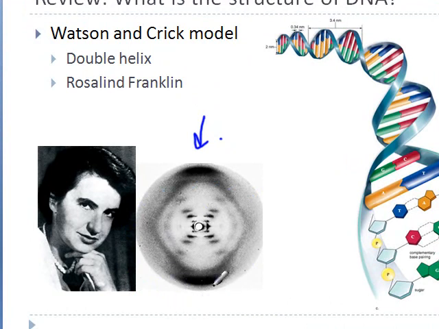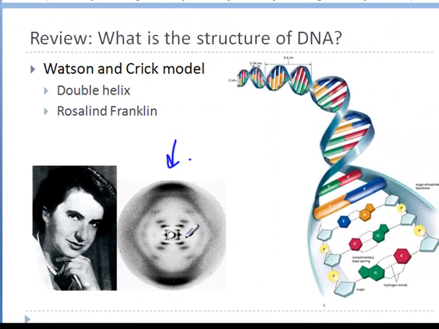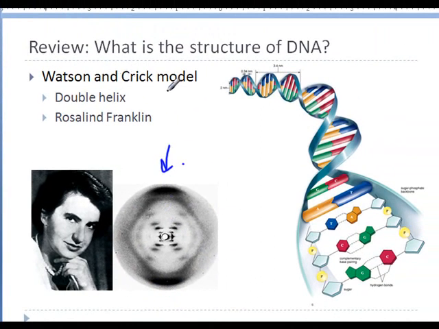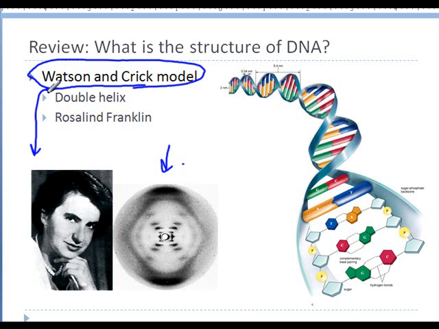Now, Rosalind Franklin actually passed away by the time Watson and Crick proposed the model for DNA, and in order to receive a Nobel Prize, you had to be living. So Watson and Crick are famous for their structure of DNA, but that was based on Rosalind Franklin's study.